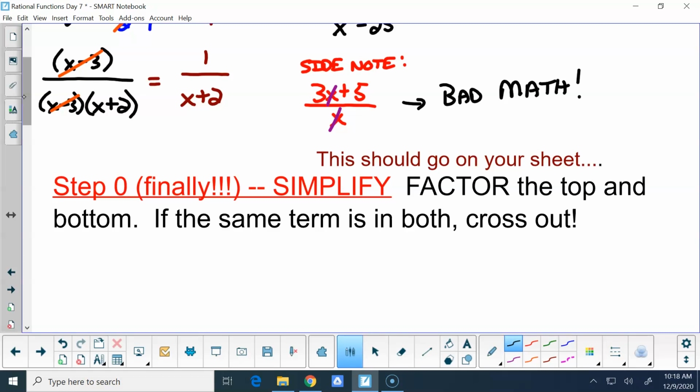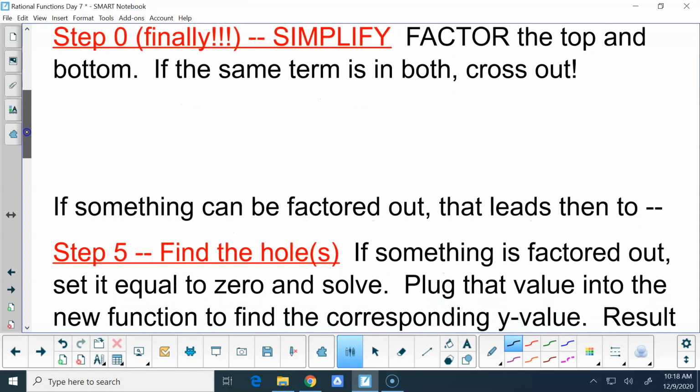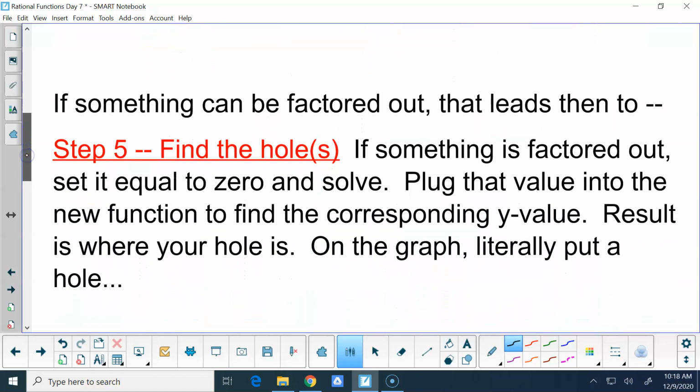But because we've done step 0, now we've got to do step number 5. Step number 5 is: if we did factor something out in step 0, that creates a hole in our graph. So we're going to set what we factored out equal to 0 and solve that.